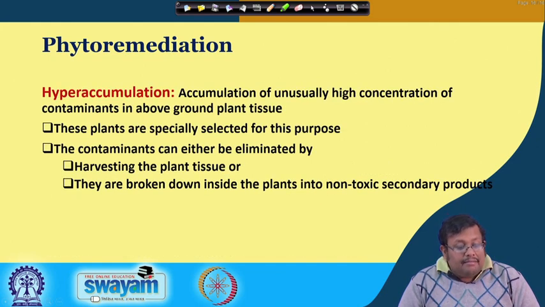And hyperaccumulation is another important term. We will be discussing these in detail when we talk about the remediation of inorganic pollutants from the environment, but in this lecture let us only focus on this term. Hyperaccumulation is basically the accumulation of usually high concentrations of contaminants in above ground plant tissue, and these plants are especially selected for this purpose. The contaminants can either be eliminated by harvesting the plant tissue, or they are broken down inside the plants into non-toxic secondary products.